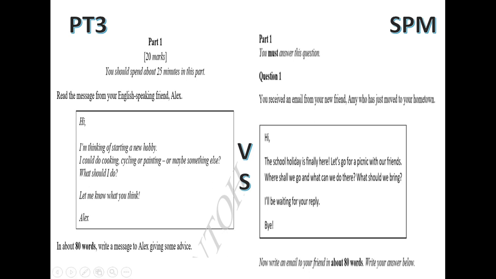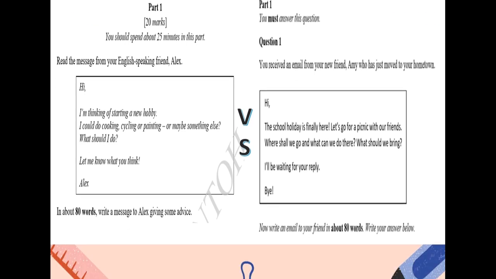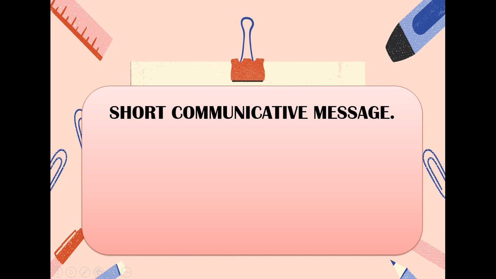So what we are going to learn today is only Part 1, which is your short communicative message. Here I will try to guide you to write the easiest way that you can, especially for those who cannot write well. But you have to bear in mind this is only the guideline for students who are still weak to start your writing.